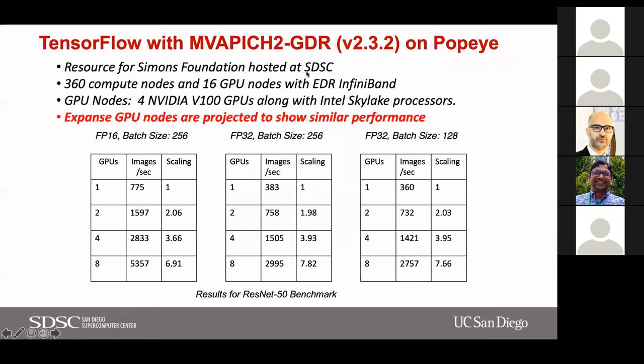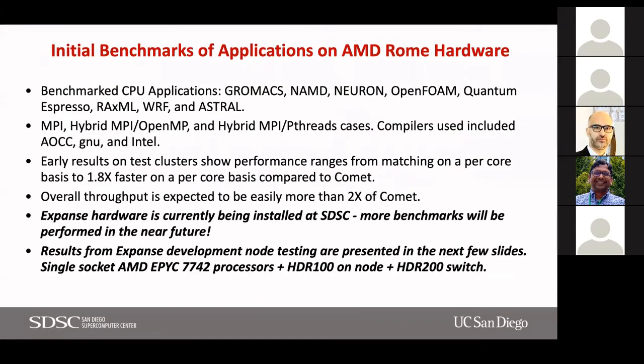It's a Simons Foundation one, and I used MVAPICH2-GDR again via the containers with 4 GPU nodes, 4 GPUs per node with the Intel Skylake. The Expanse node has 4 NVIDIA V100s with Cascade Lakes, so I expect them to show very similar performance. And you can see that it scales out pretty well, going out to 8 GPUs. And on Expanse, we'll probably run a much bigger test to see how this scales.